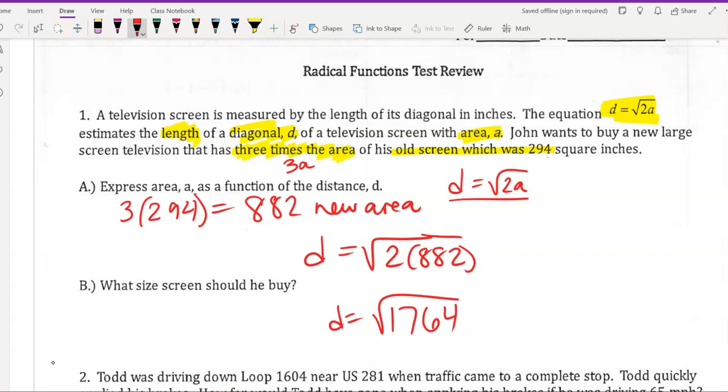I don't know. Let's see. Square root equals 42. So if his new area was 882 inches and we use the formula to find what the new TV's size should be, it should be 42.